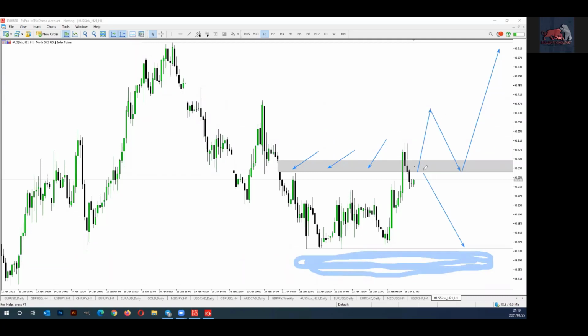If we don't close above 90.380, DXY is going to trade lower and it's going to create a new low tomorrow or Wednesday. And that's the low where I'm going to be active, where I'm going to base my long entries on dollar index and my short trades on Euro, Fiber, NZUSD, my longs on USD CAD, USD JPY, and USD CHF.